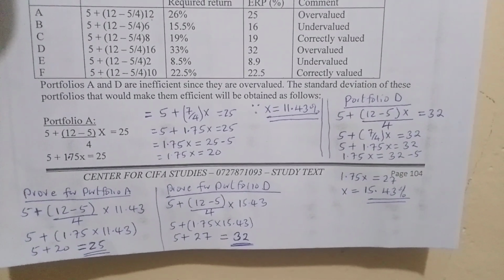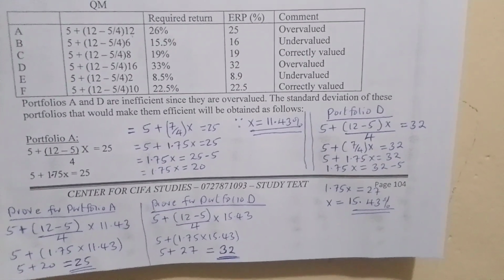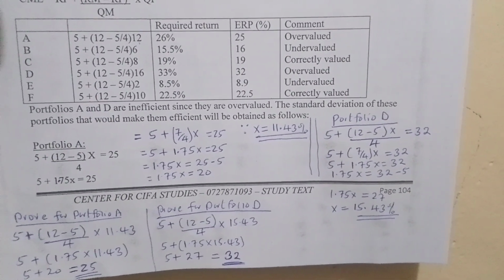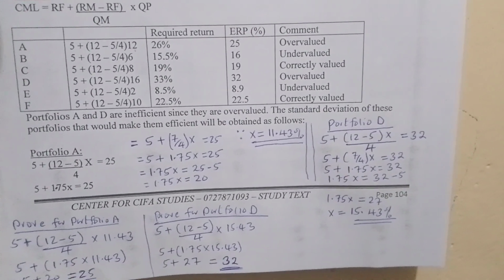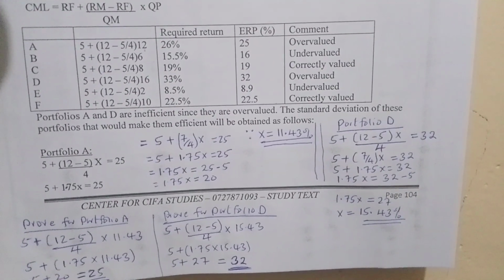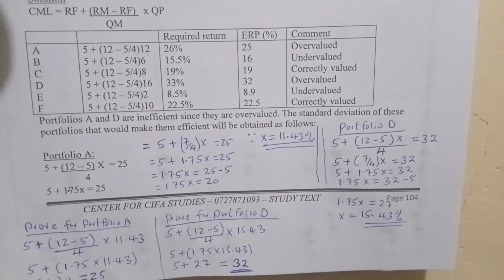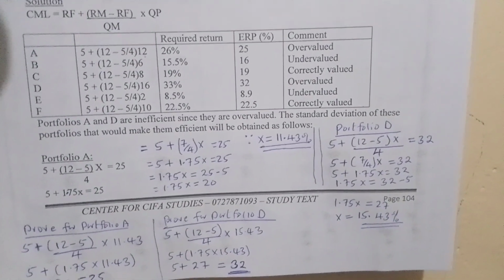So you have taken 5 now. You solve for that. 12 minus 5 is 7. 7 over 4 is 1.75. X is equals to 25. So 5 plus 1.75x is equals to 25.